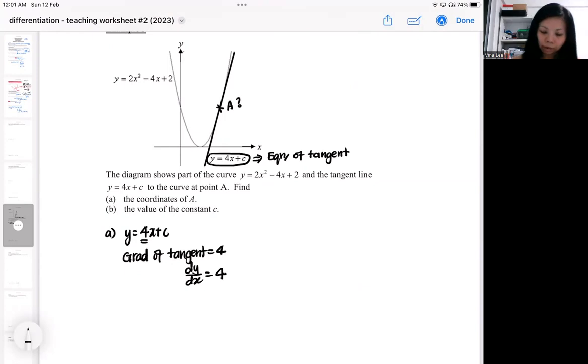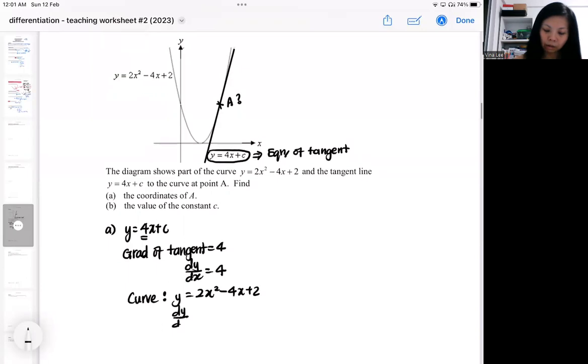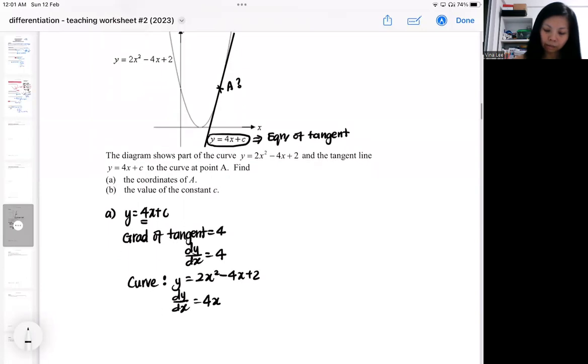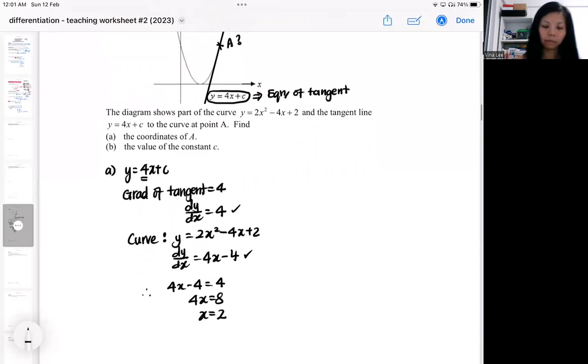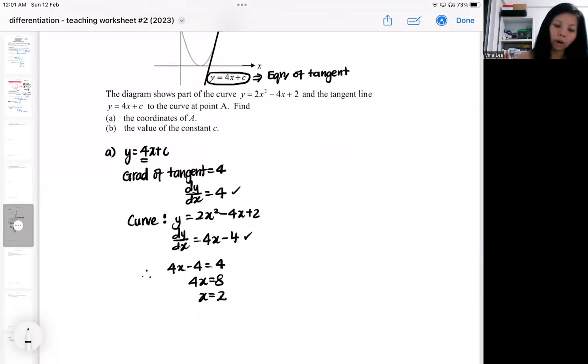Okay, and then from the curve, you'll have the curve. From the curve, I will manage to get my dy dx. So in this way, if I combine these two, I will be able to get the x coordinate of A. Okay, so if I would like the y coordinate of A, do I return it to the tangent or do I return it to the curve?